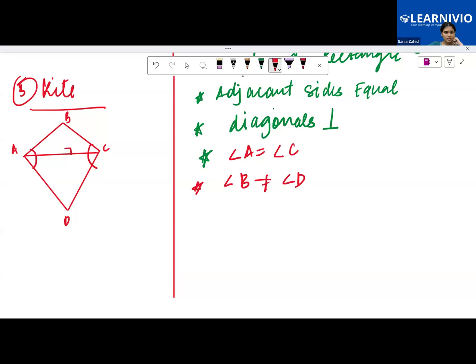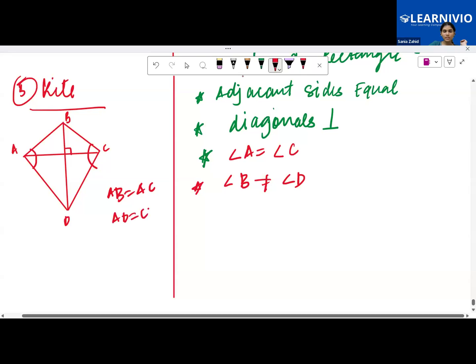No, wait. You're getting confused between the concepts. Listen carefully. Side is a different thing. Angle is a different thing. Right? You have AB equal to AC and AD equal to CD. That's it. But what happens here is this, and see, you have a broader, like they are far apart, but over here they are closer together, right?